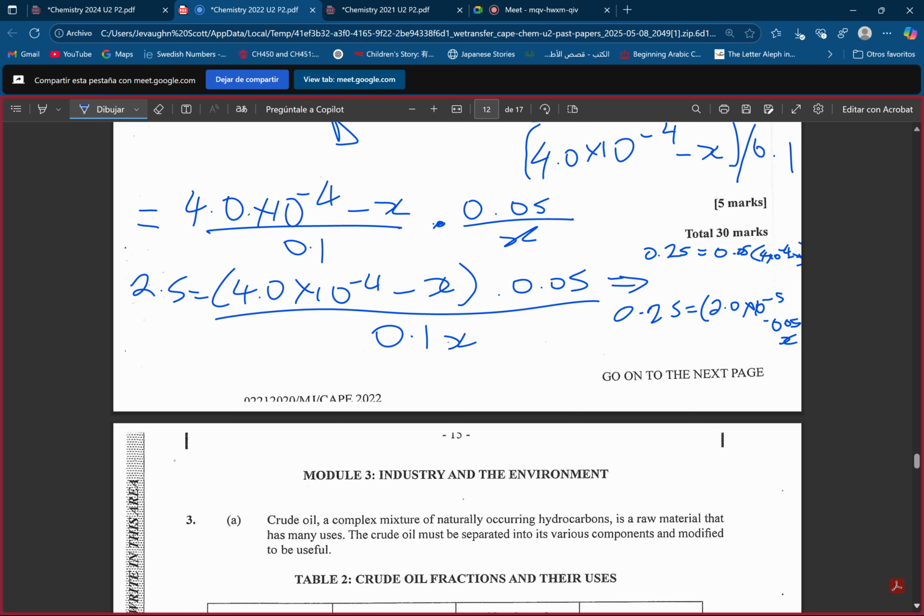From that you can solve x, because x will be equal to 2.0 times 10 to the negative 5 divided by 0.30, which would give us 6.67 times 10 to the negative 5 moles.